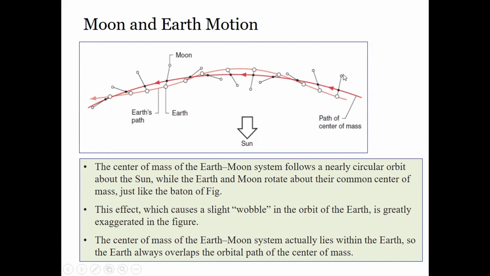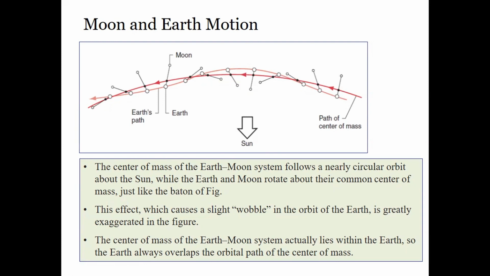And you can see the Moon connected to the Earth, and the center of mass as a black dot, and the Moon is showing the rotation. The center of mass of the Earth-Moon system actually lies within the Earth.